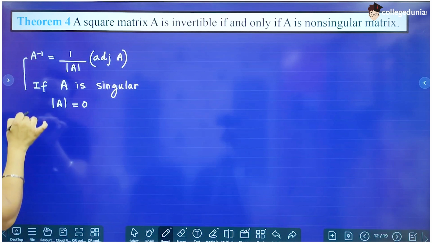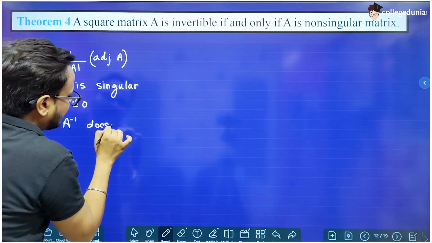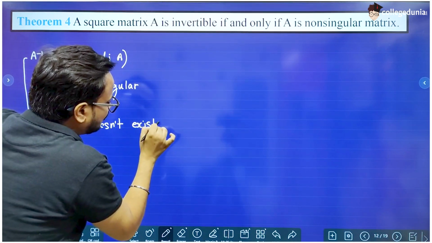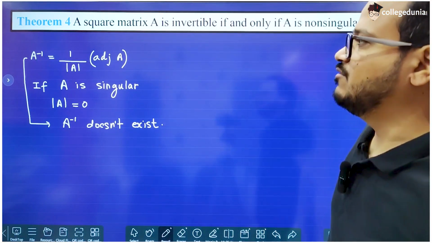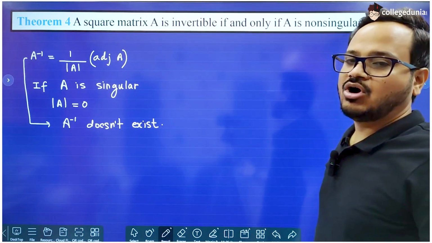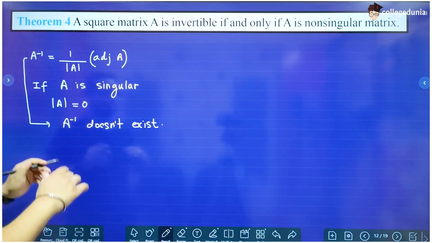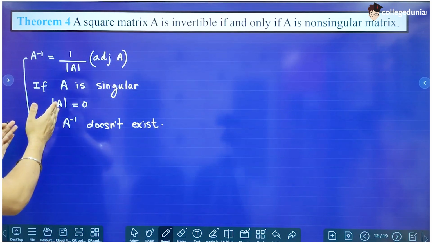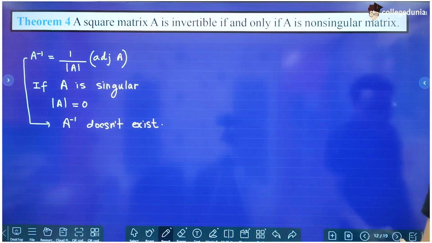So the inverse does not exist, and if the inverse of a matrix does not exist, we call the matrix non-invertible. The matrix whose inverse can be calculated is called an invertible matrix. So invertible matrices are those which are non-singular. If the matrix is singular, determinant value is 0, then you obviously cannot find the inverse of the matrix. So that is the theorem.